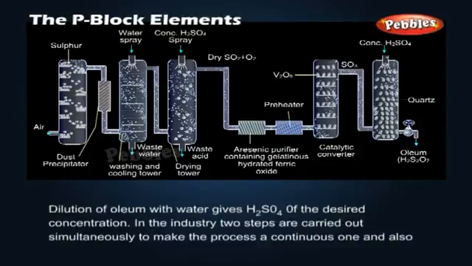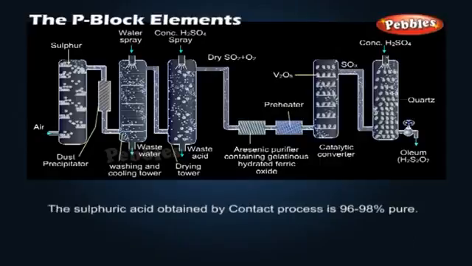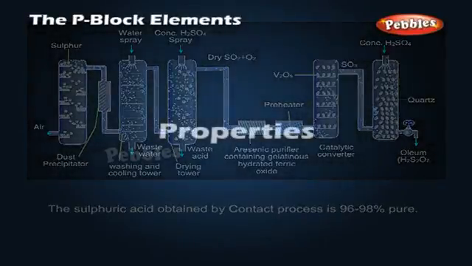Dilution of oleum with water gives H2SO4 of the desired concentration. In the industry, the two steps are carried out simultaneously to make the process a continuous one and also to reduce the cost. The sulfuric acid obtained by the contact process is 96 to 98% pure.